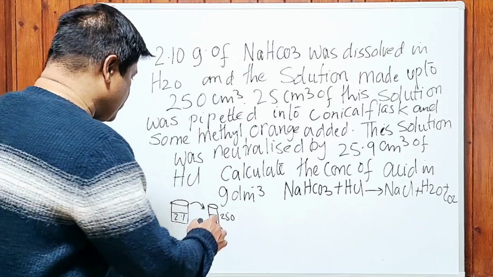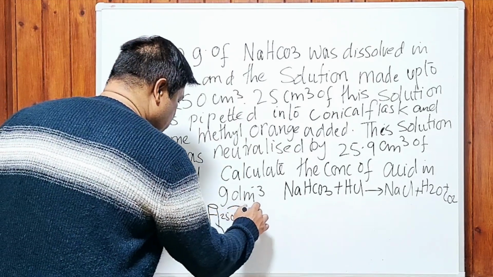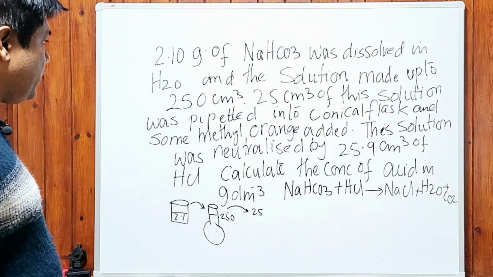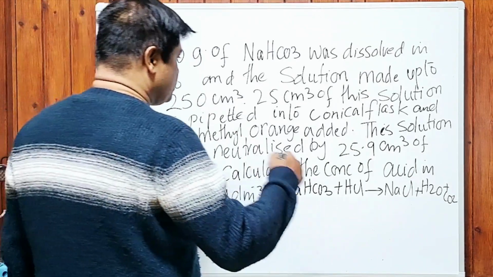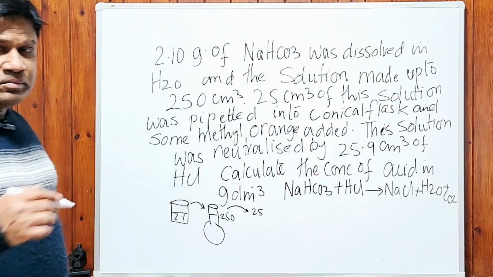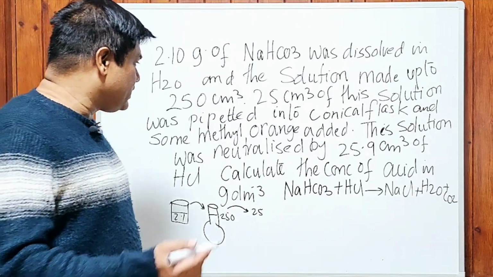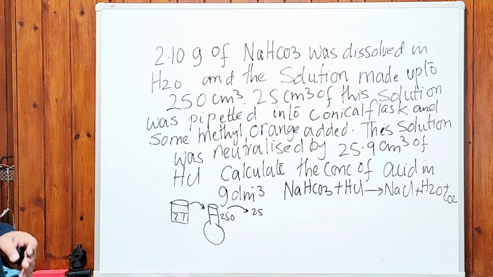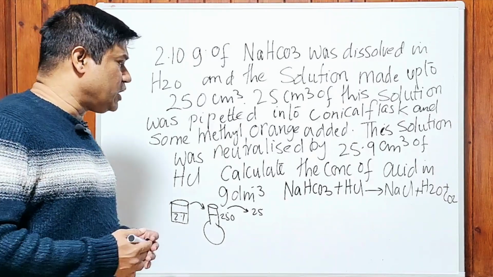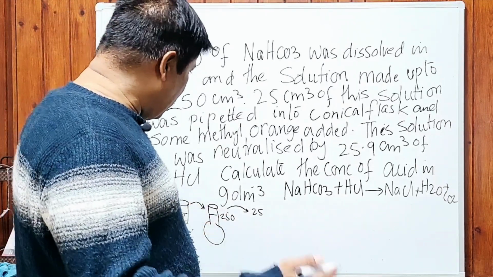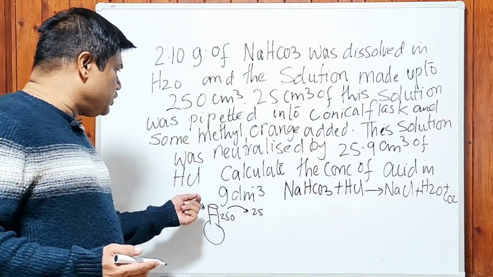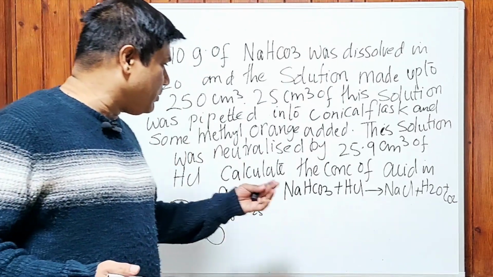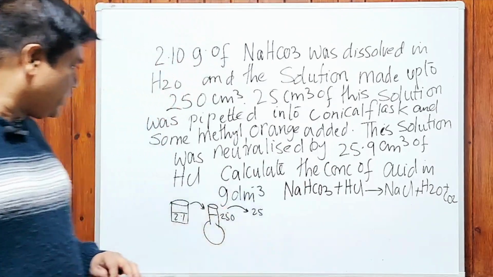From that 250 centimeter cube, he only used 25 centimeter cube, pipetted out and transferred into the conical flask to start the titration. Before he started his titration, he added methyl orange, which is an indicator that helps to show the endpoint. I will teach you the use of indicators and the different types of indicators in a future video.